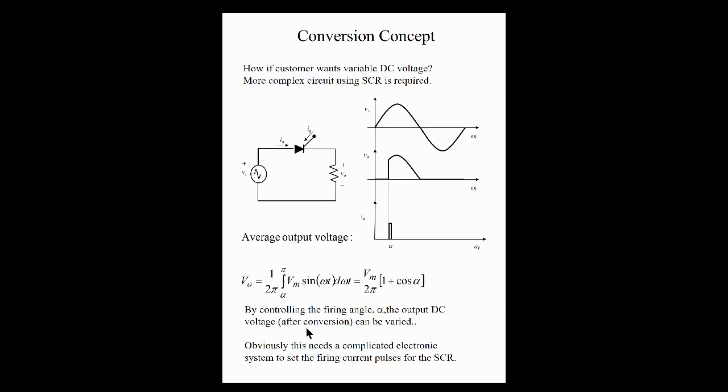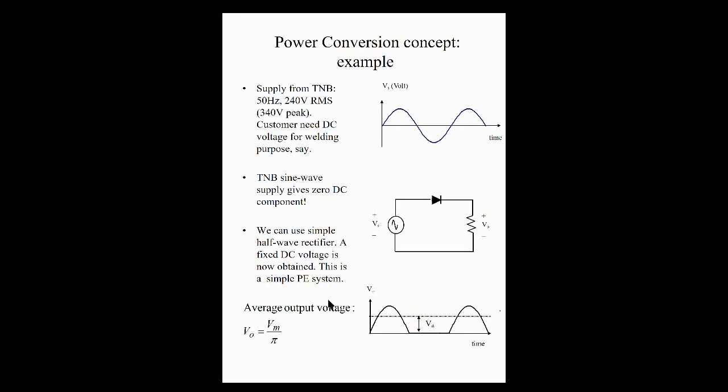If you look at another type of device that we'll be studying, it could be the silicon control rectifier, that's just the SCR. Unlike the diode, the output voltage is fixed, just the average output is fixed.